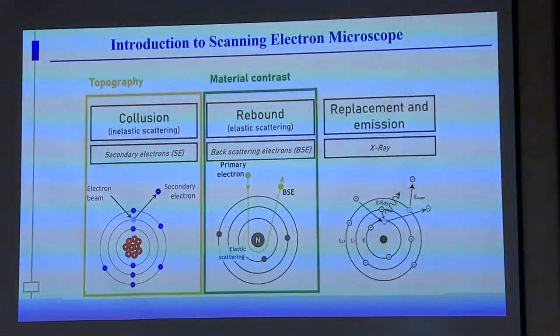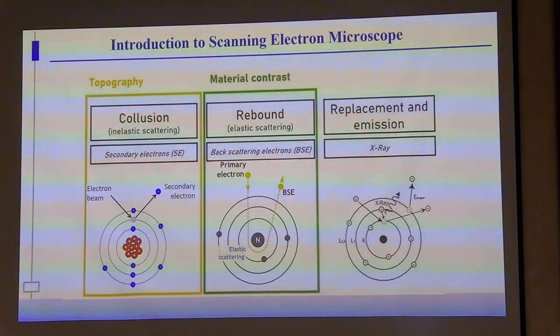This figure makes it clear what secondary electrons, backscattered electrons, and X-rays are. In the first case, when an electron hits an atom, it transfers energy and secondary electrons are emitted. This is inelastic scattering, due to a collision between the two electrons.